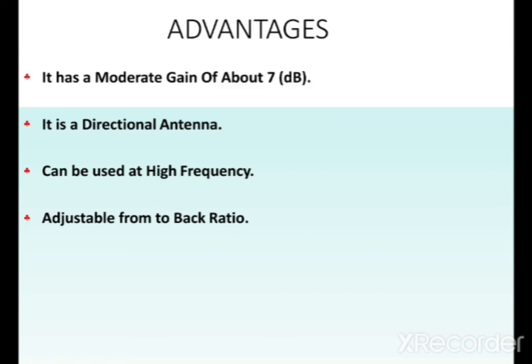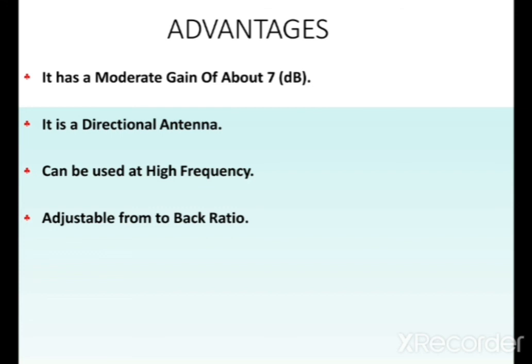And what are the advantages? It has a moderate gain of about 7 dB. High gain is achieved by using this, and it's a directional antenna because high directivity is achieved, and it can be used at high frequencies.